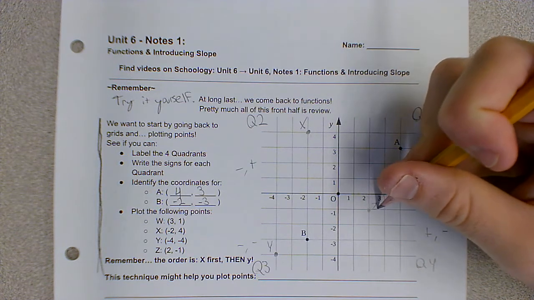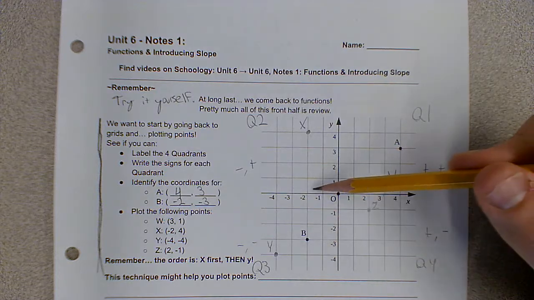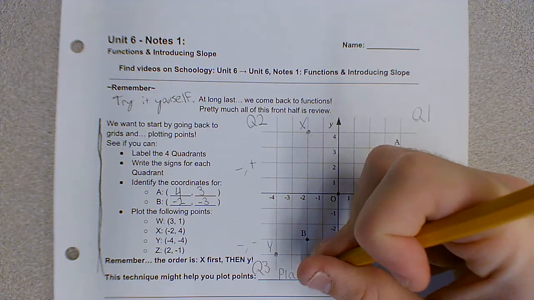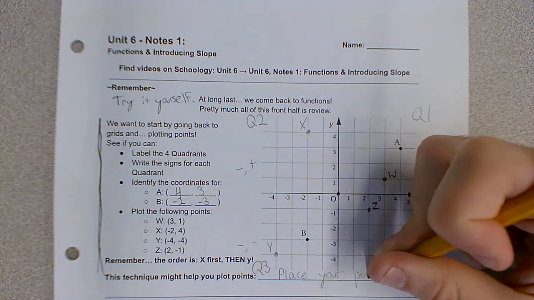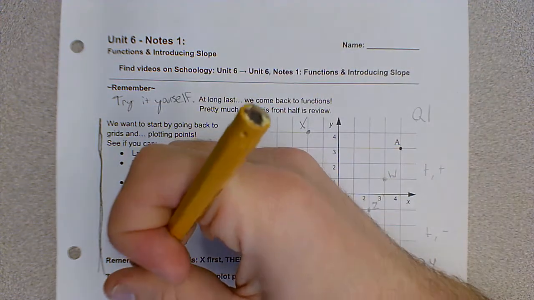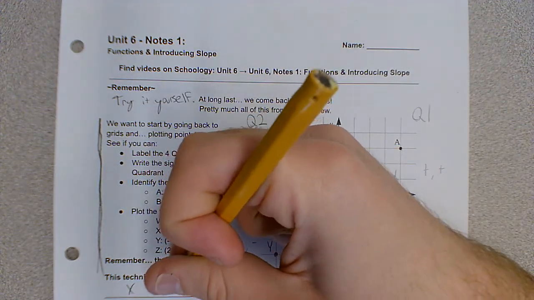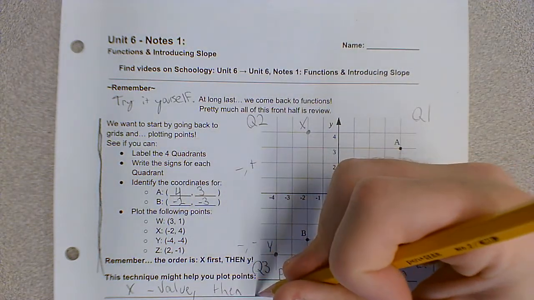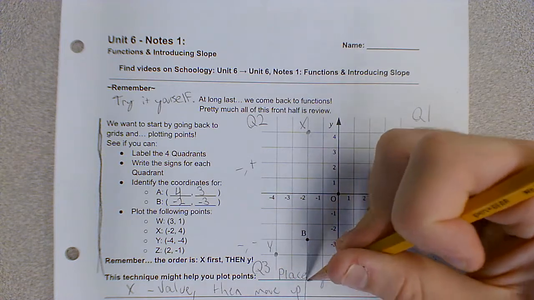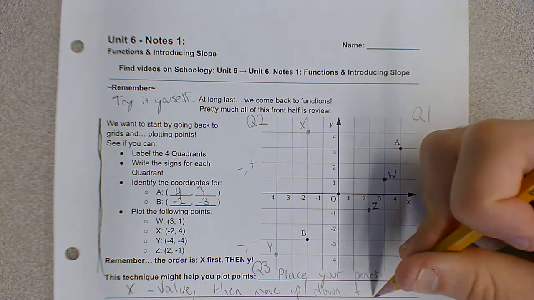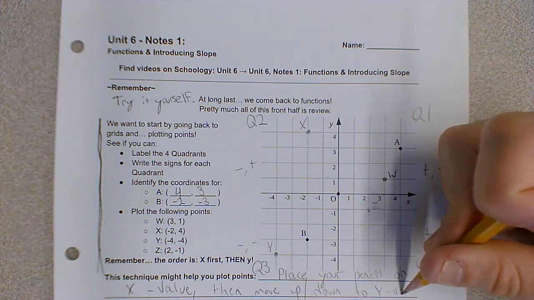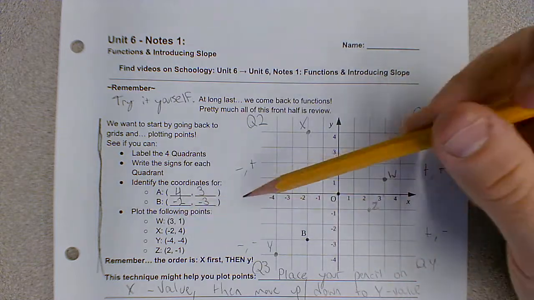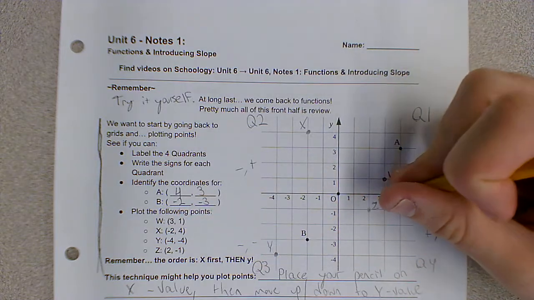And I have a trick to make sure you know how to do this quickly. Instead of trying to move left and right and then up and down, just go ahead and place your pencil on the X value. Then move up or down to Y. So instead of trying to do the whole left, right, up, and down thing, let's try it with W. I'm just going to put my pencil on the 3.